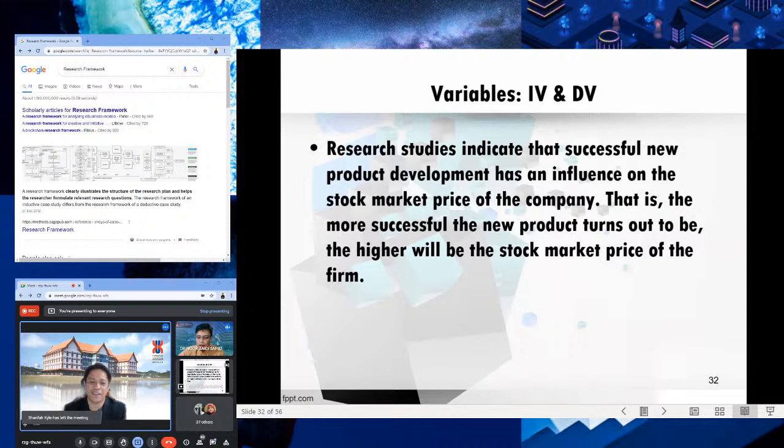Yes, Doctor. I think also the stock market price is the DV and the new product development is the IV. Because the dependent variable is the new product development, and the stock market is independent.